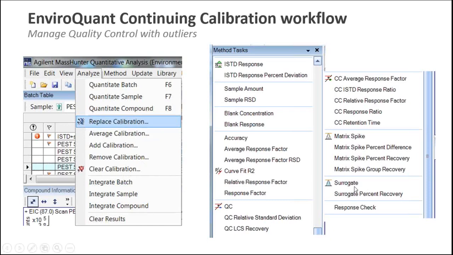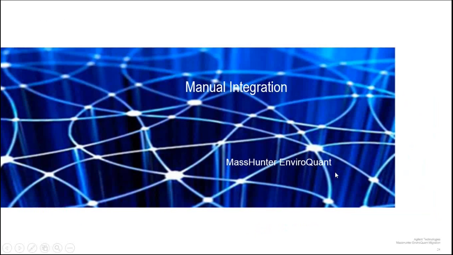We also, similar to Target, by the way, Target called these exceptions, we call them outliers, but we give you features which allow you to evaluate the continuing cal curve to make sure that it's accepted and passed. And you can see that we have almost 50 outliers now, a variety that you can turn on and do pre-canned calculations. In terms of the continuing cal, it would be evaluating the initial cal.